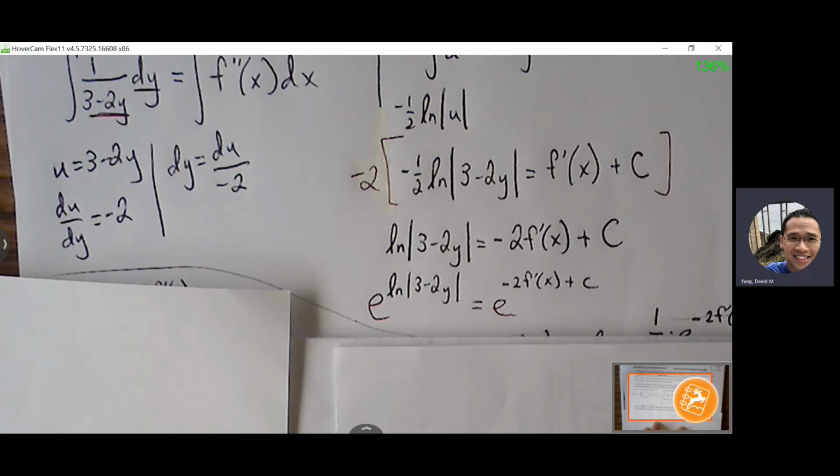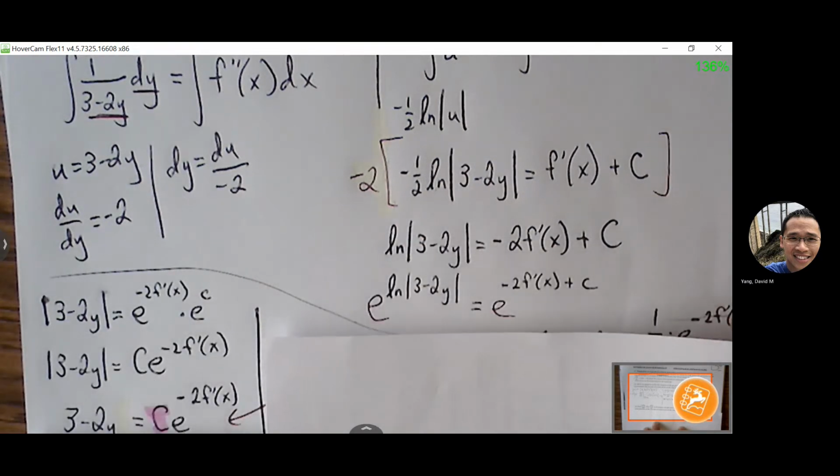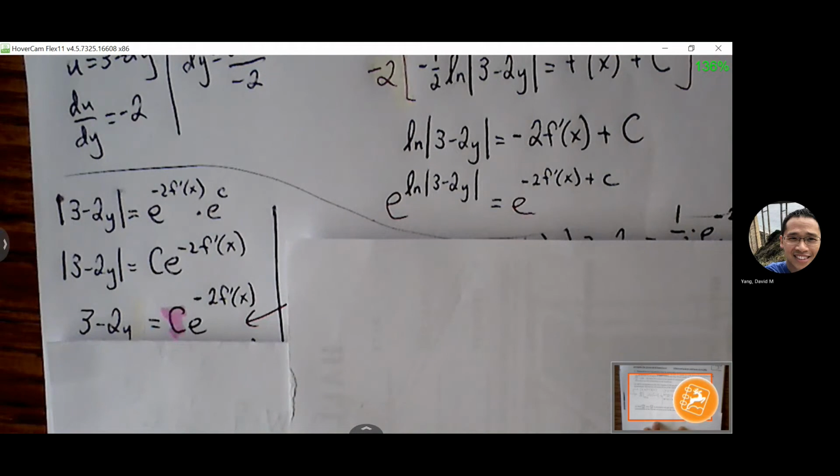The right side. Notice that when I distribute the -2 through, it goes with the f prime, but it doesn't appear for the c. The c will just take in that -2 to put a -2c. Go ahead and separate that right side. Drop the absolute value.